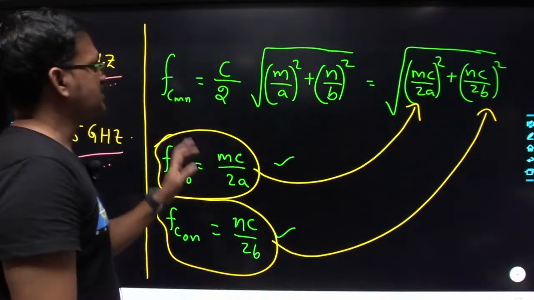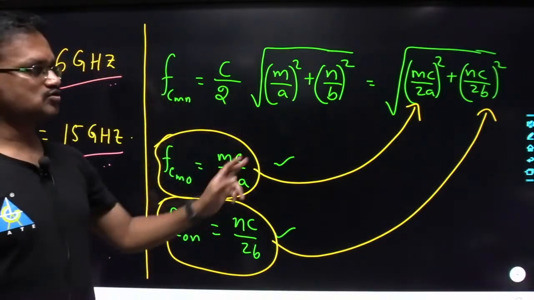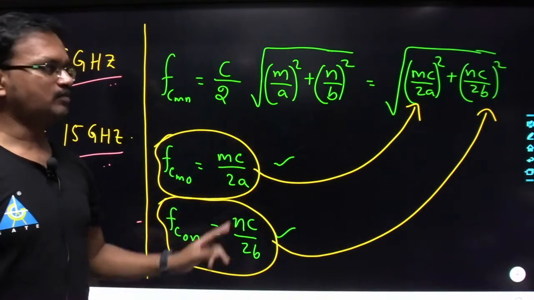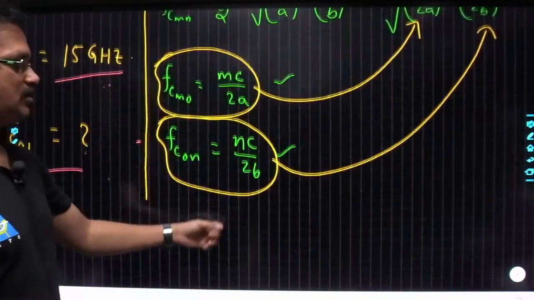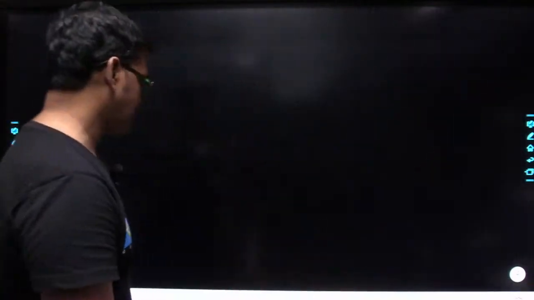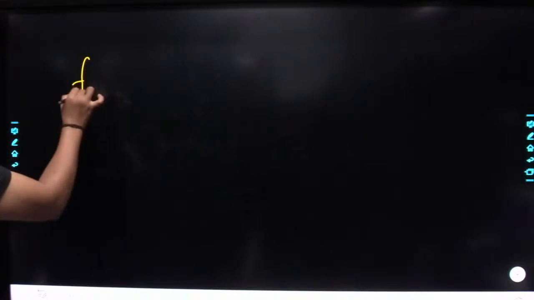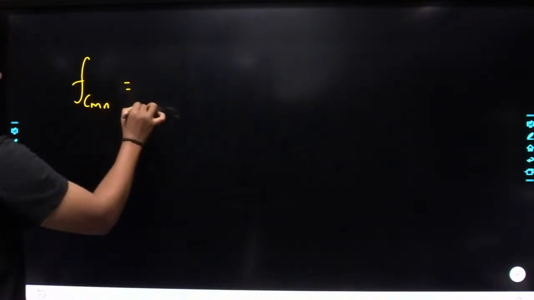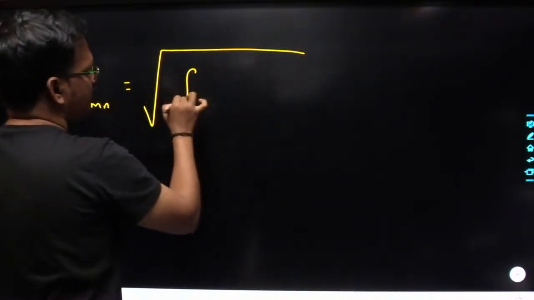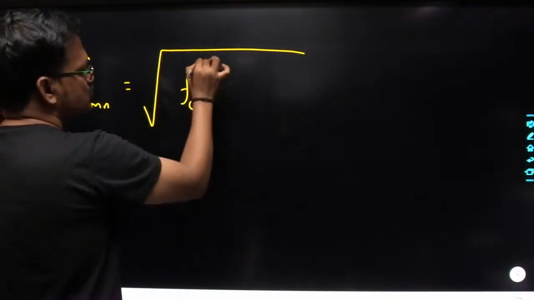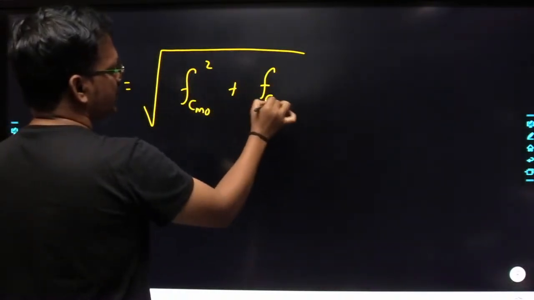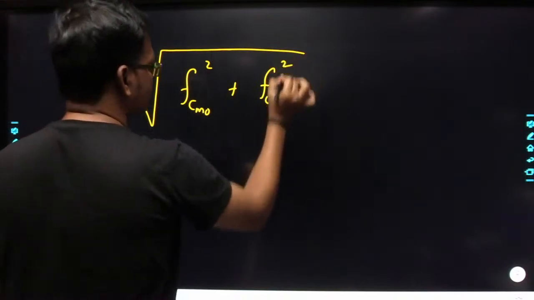So which means FCMN, I can write it as square root of FCM0 square plus FC0n square, right?